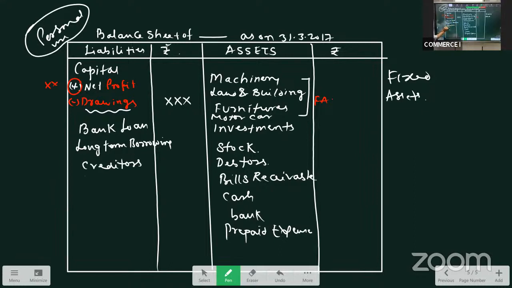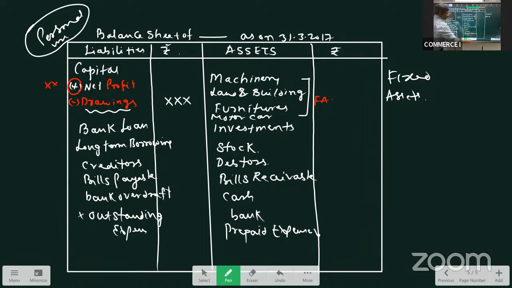Then bills payable. Then bank overdraft. Then outstanding expenses. I'll explain these outstanding expenses and prepaid expenses while we are doing the problem.